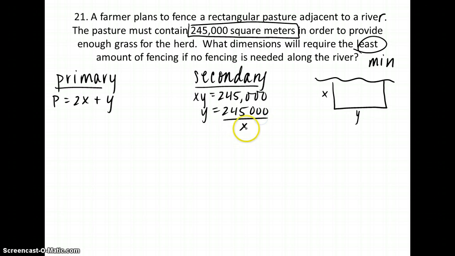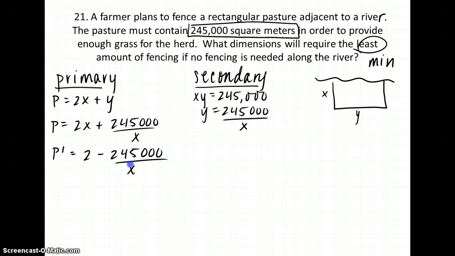Solving the secondary for one of the variables. Finding the derivative. Where does the derivative equal 0? And 2x squared.